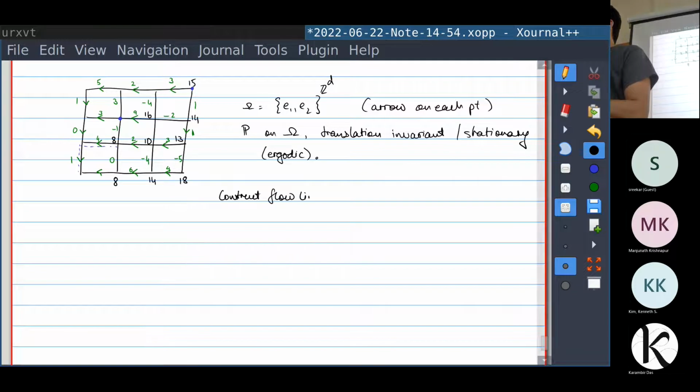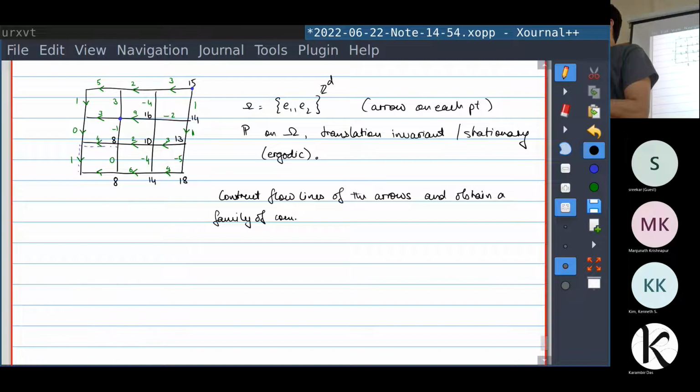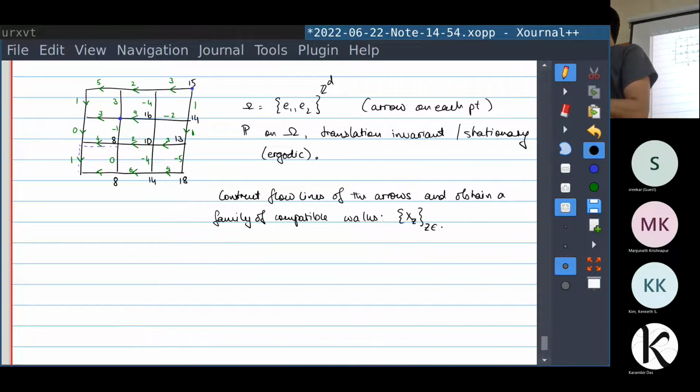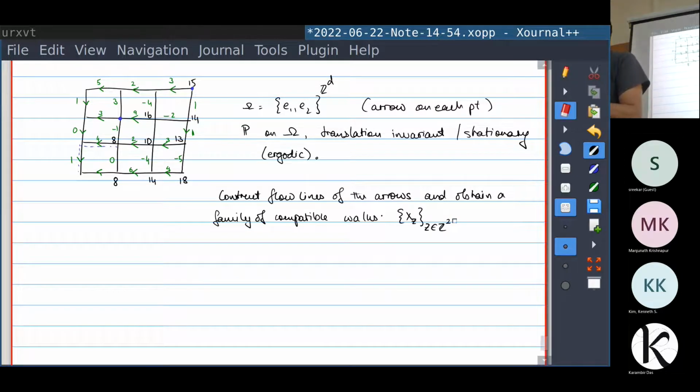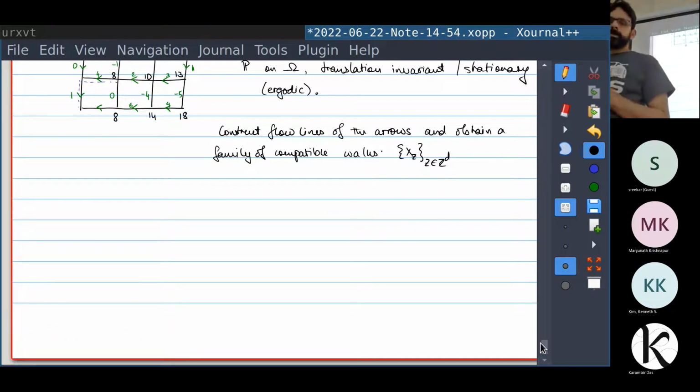Okay, so this is my setting, and if I'm given this setting of arrows, I can construct flow lines of the arrows and obtain a family of compatible walks. We'll call that X sub z, z in Z2. I can do it in Zd, but let's focus on Z2.